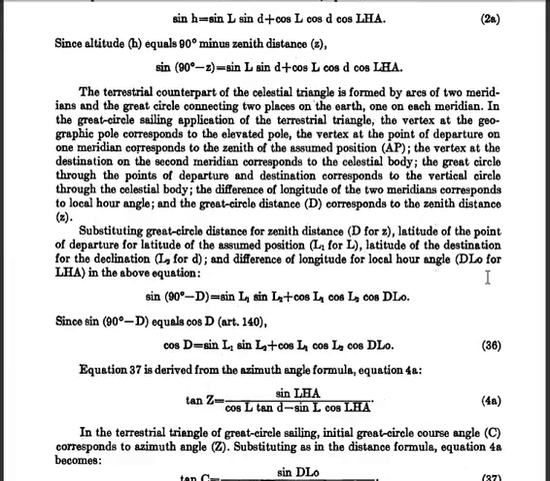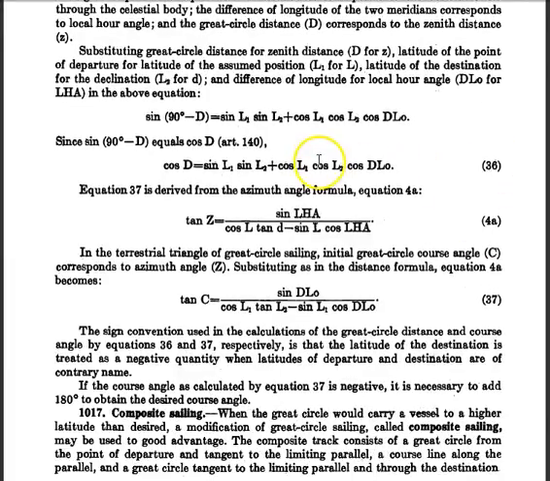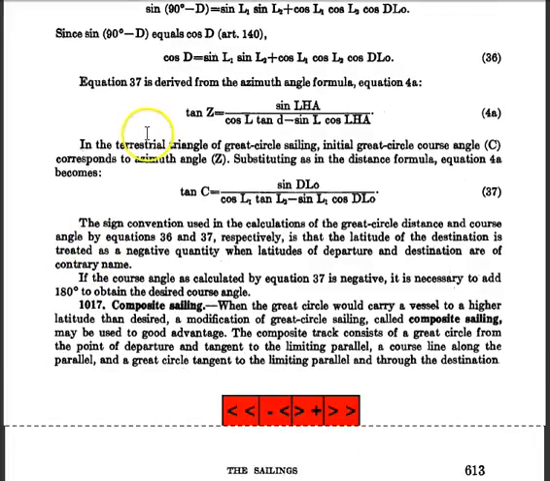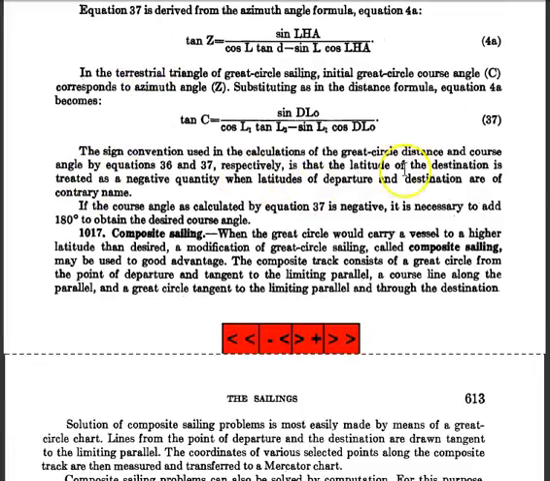Now the last page, 612, gives formula 36 and formula 37, and right here it gives the rules for those. If you cross the equator, treat L2 as negative, and if using the C formula, if that value turns out to be negative, you have to add 180. And remember, this is C, course angle.